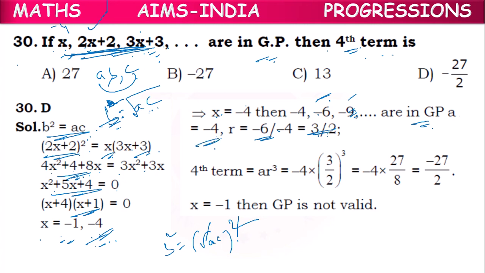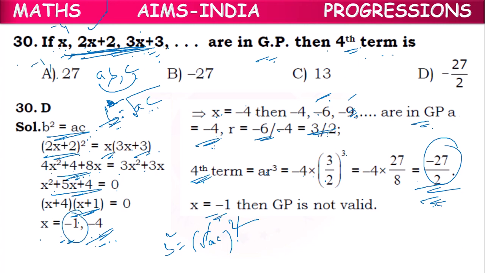So this is the possible GP. In this 4th term will become a r cube, minus 4 into 3 by 2 whole cube. We will get minus 27 by 2. Minus 27 by 2.